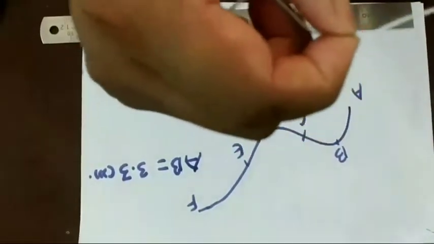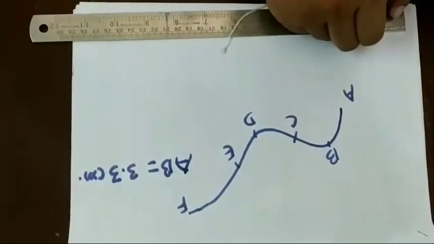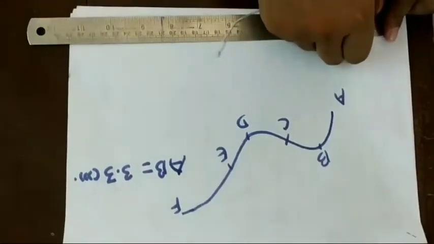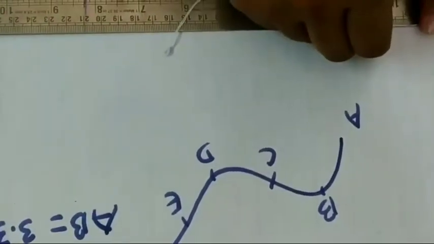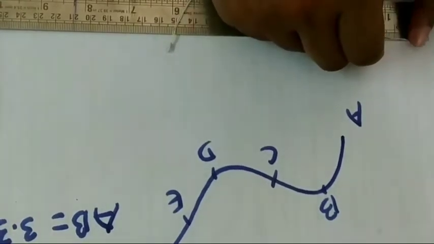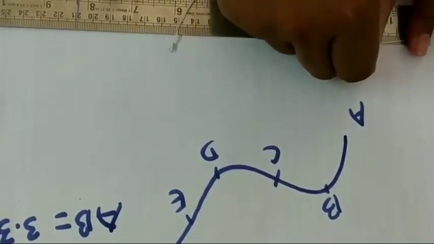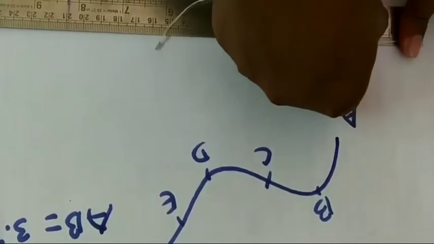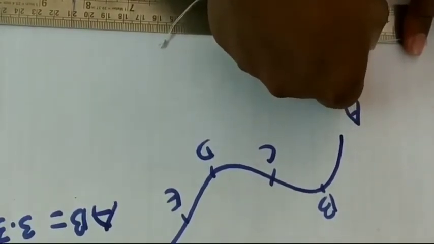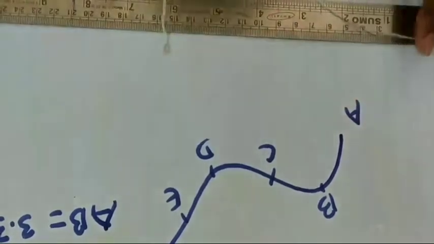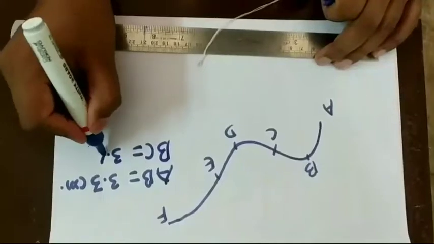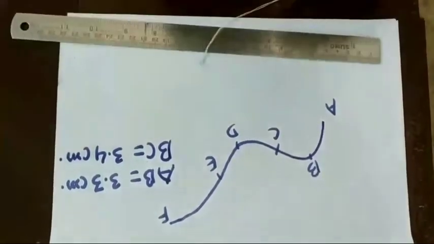This is the length of BC. The length of BC is, see here, 3.4 centimeter, okay. BC is equal to 3.4 centimeter, right.